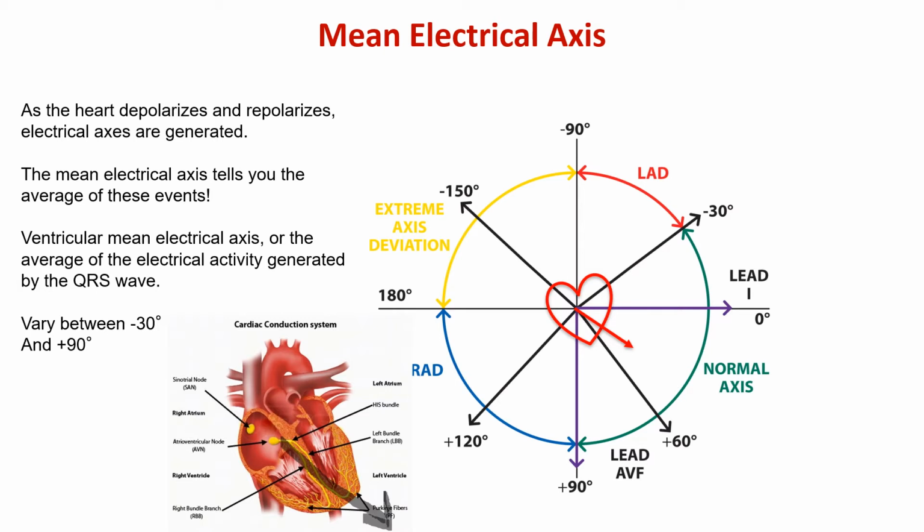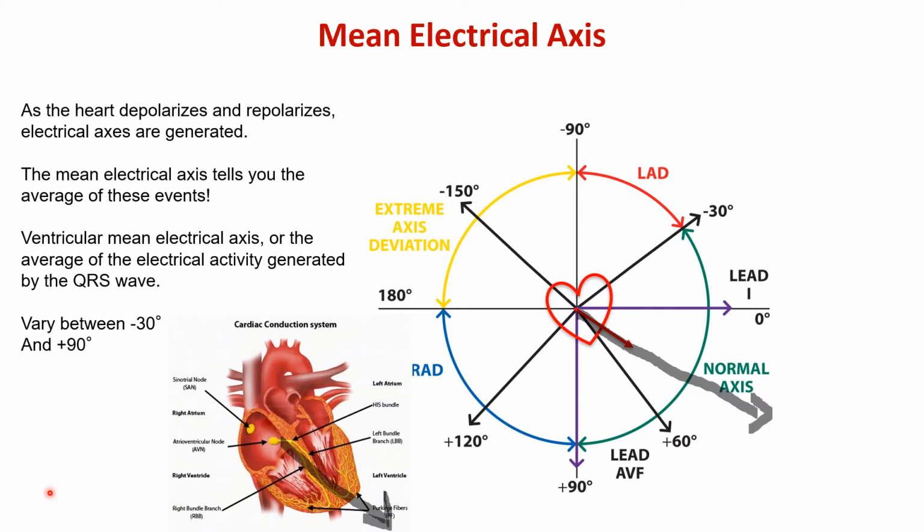Now, that's what we refer to as the mean electrical axis. So the mean electrical axis is normally headed, as you can see, in a downward direction, and it's more towards the left.